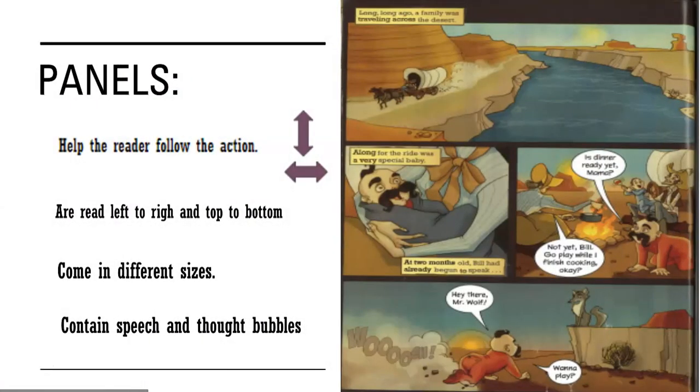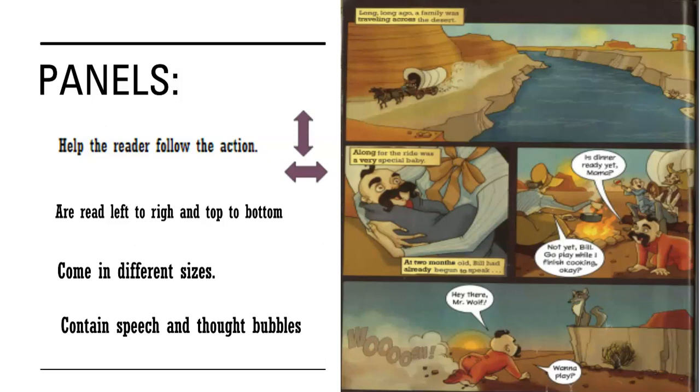So let's talk about panels, all right? So when we talk about panels, remember, we're talking about where the art exists. The panels help the reader follow the action. They are read left to right and top to bottom. So I'm going to start on the left side in the top left corner, and then I'm going to follow that pattern.